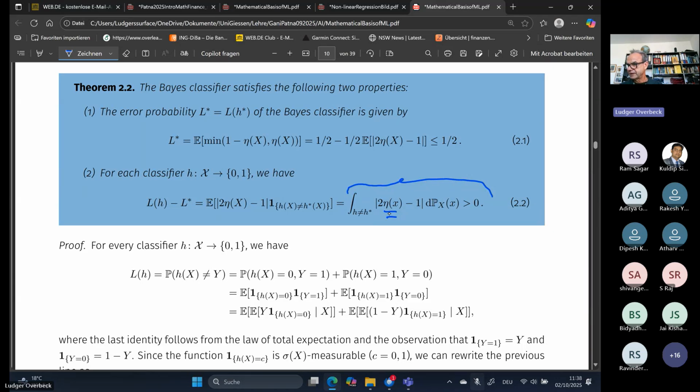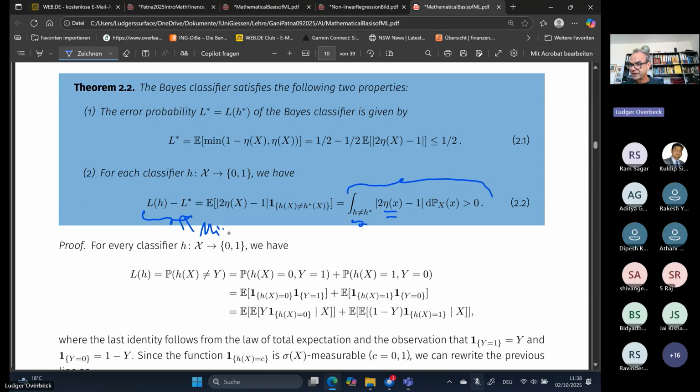Sorry, this is the Bayes classifier. You can calculate the excess error. So what we have learned, despite this formula, is that even the best classifier will have an error. This is a minimal error. We have seen it's a minimal error because any other classifier is larger.